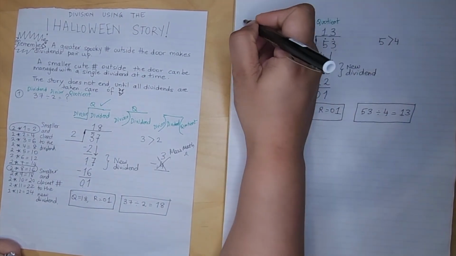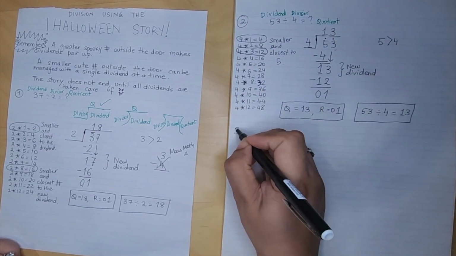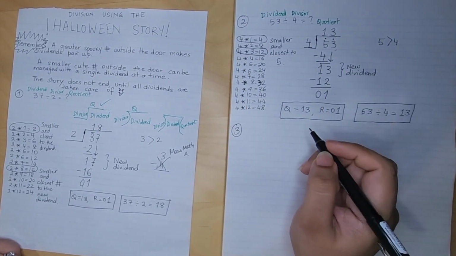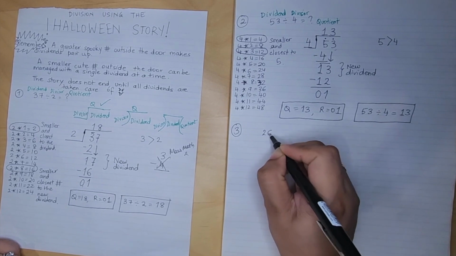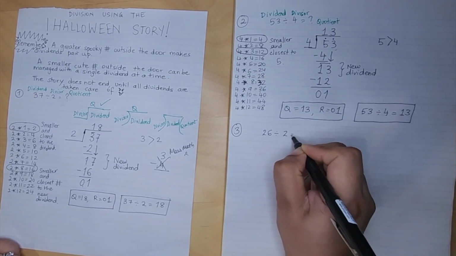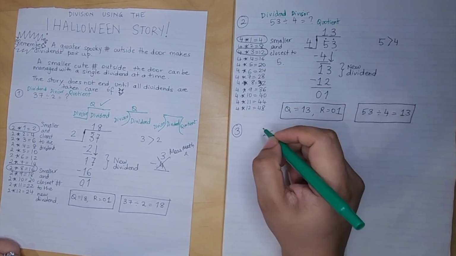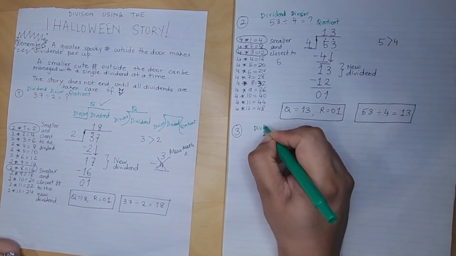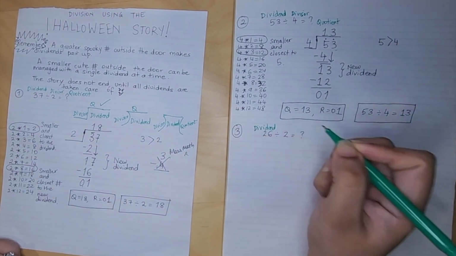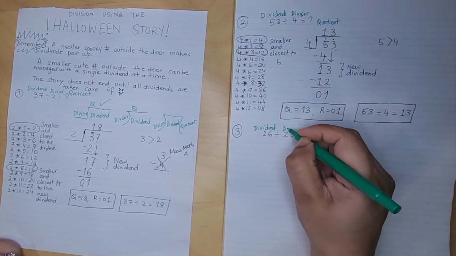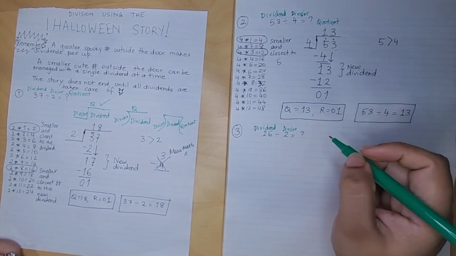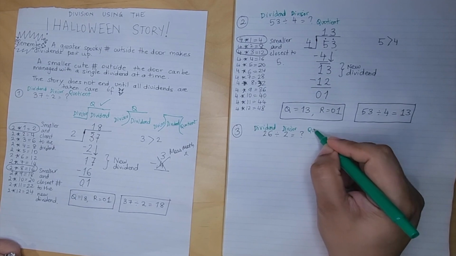Question number, this was 2, this is 3. 26 divided by 2 equals how much? Now first identify what you have. We know this is Mr. Dividend. This is Mr. Divisor. We have to find the quotient.